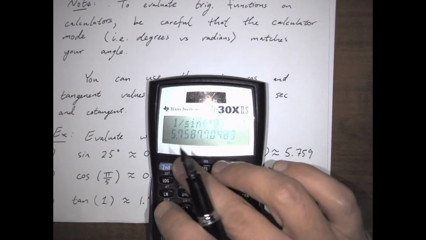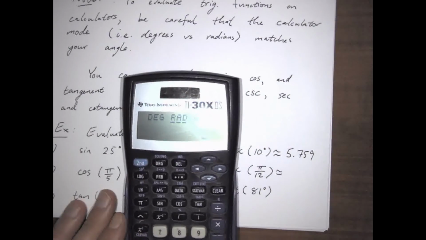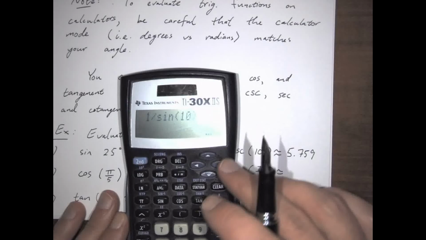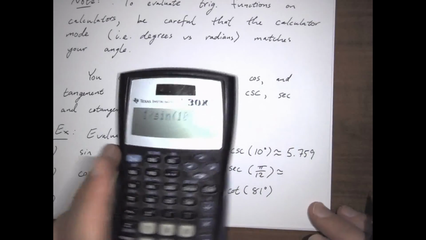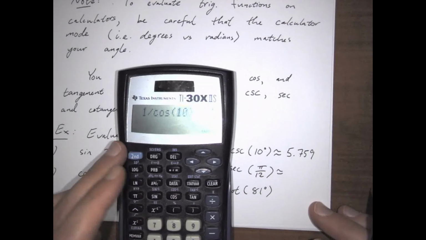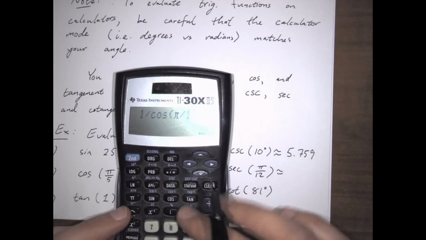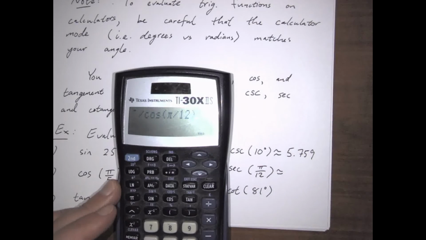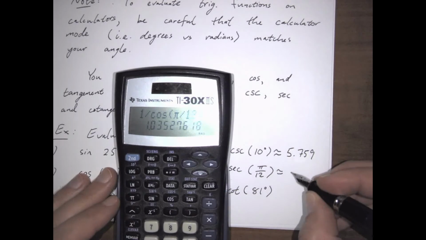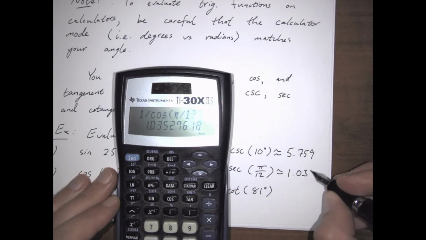Similarly here, if I want to do this secant, I'll go first to radians to make sure that it's in the form that I want. And then instead of sine, it's a cosine, and it's pi over 12. 1.035.